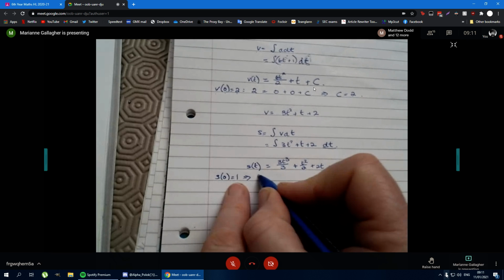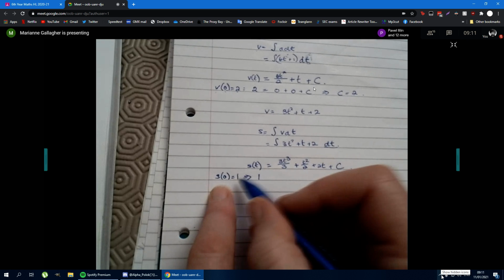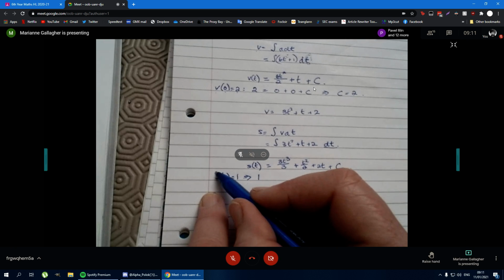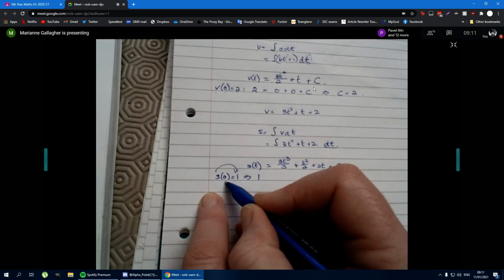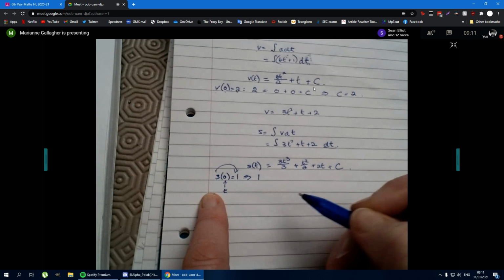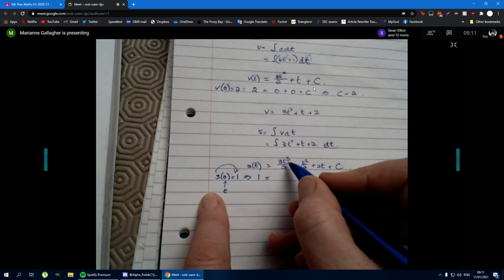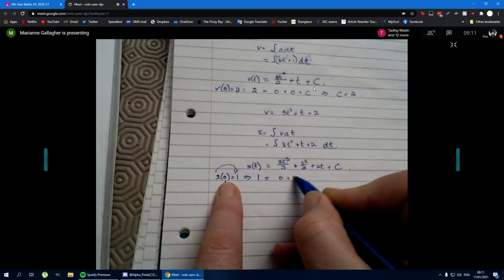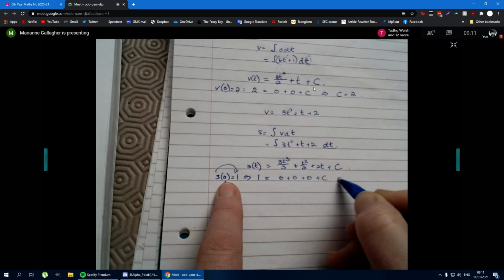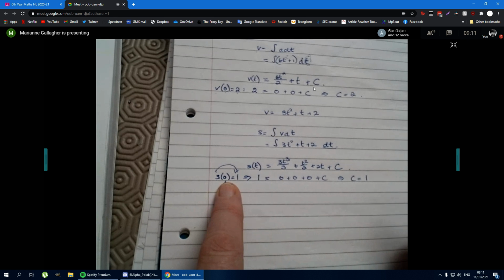So that tells me, put in my s is equal to 1, t is equal to 0. So this is your s value here. This is your t value. Okay. So t is 0 again, so that's 0 plus 0 plus 0 plus c. So that tells me c is equal to 1. Okay.